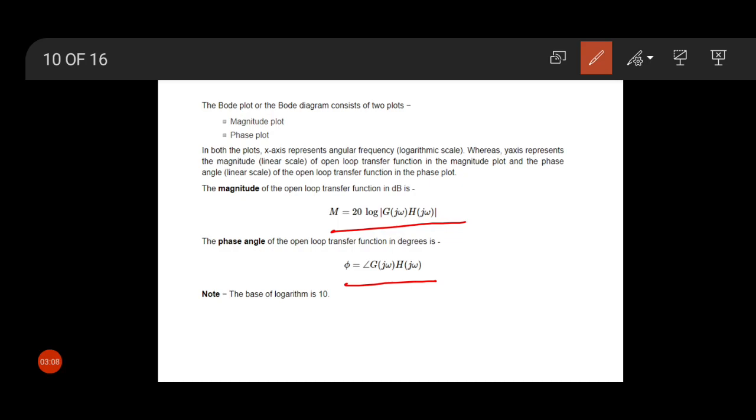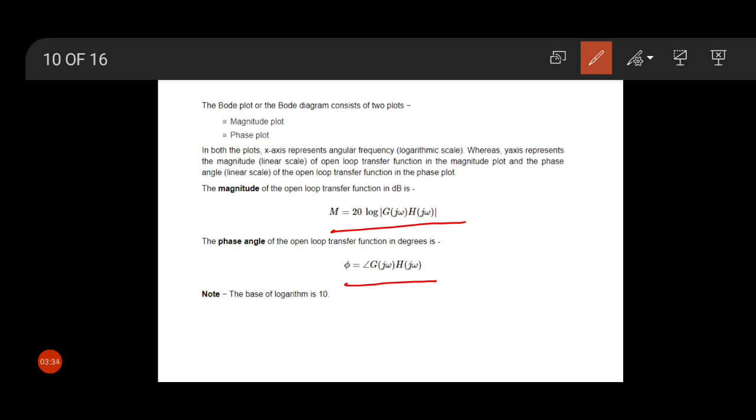So for example, if we are having a constant, here I have discussed that a Bode plot basically consists of two plots. One is the magnitude plot and another one is the phase plot. The magnitude plot is defined as M equal to 20 log |G(jω)H(jω)|.